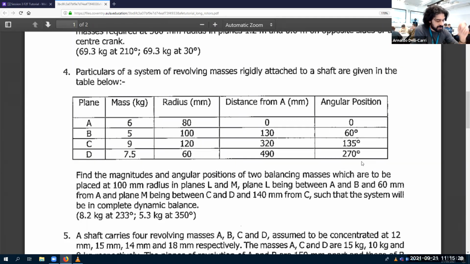So the two balancing masses, which I'll call L and M, because this is how we call them. They must both be placed at 100 millimeters radius from the center of the shaft.